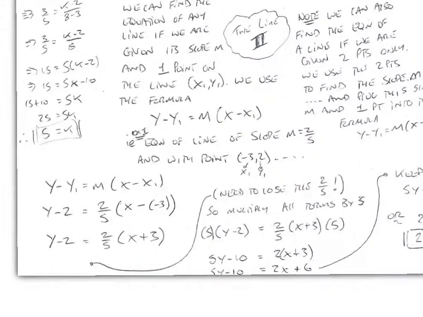So let's look at this problem here. Find the equation of a line of slope m equal to 2 over 5 and with a point (-3, 2). So we take our x1, y1 value and our slope m and plug them into our formula, y minus y1 equals m times x minus x1.